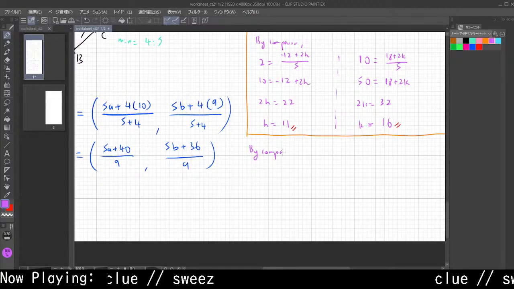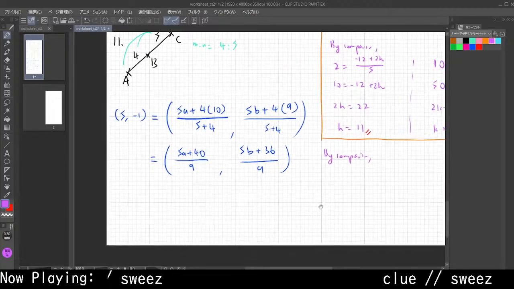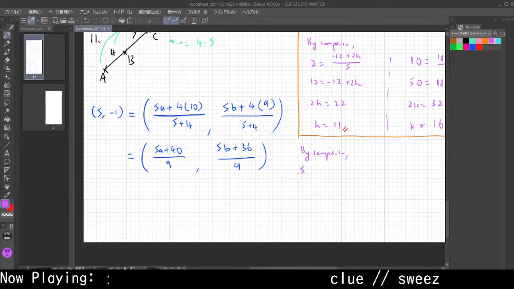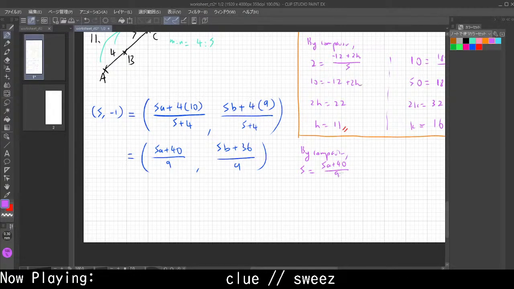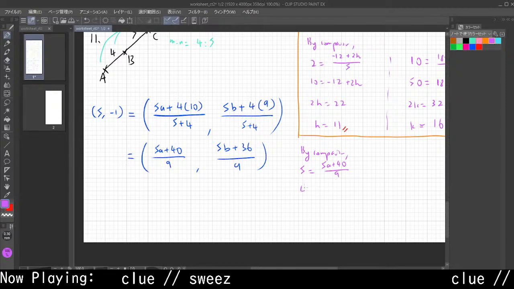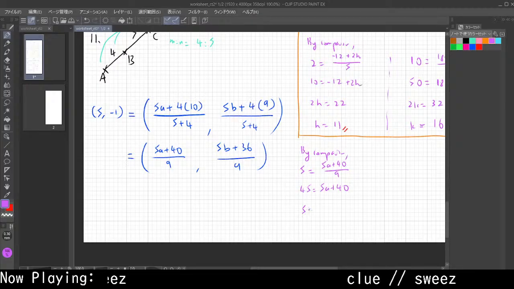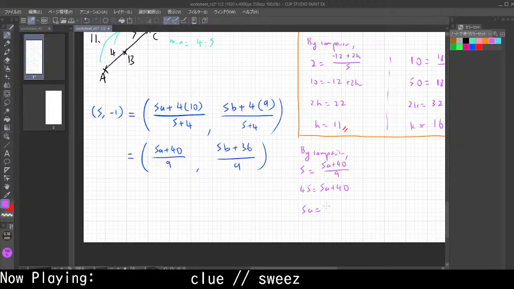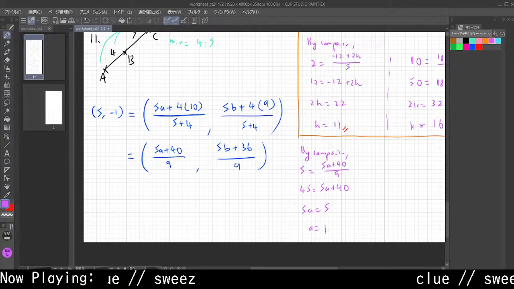By comparison, your 5 is equal to the x position, so 5a plus 40 over 9, bring over to multiply. 5a equals to 40, bring over, plus becomes minus, you get 45 minus 40, you get 5, a equals to 1.